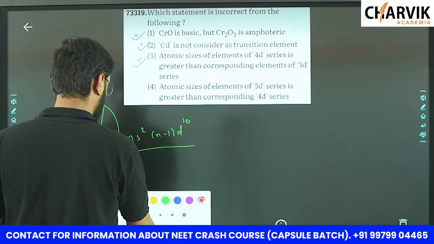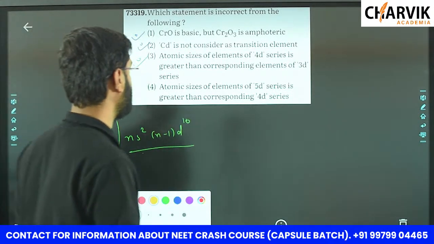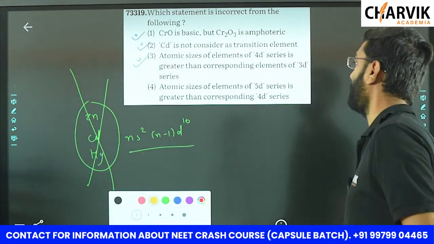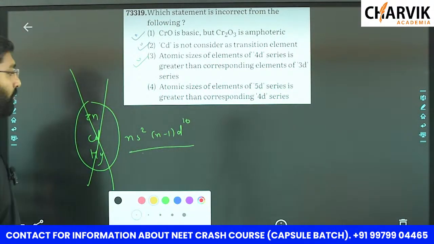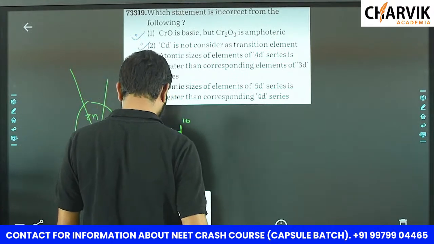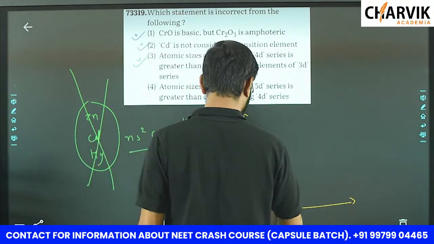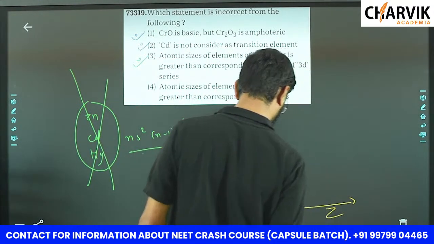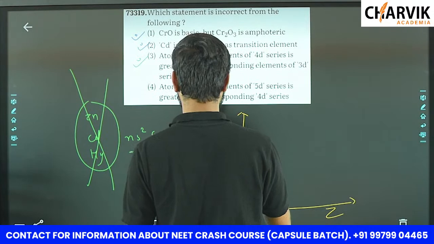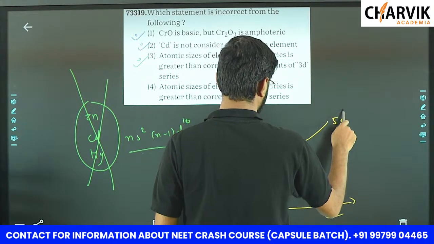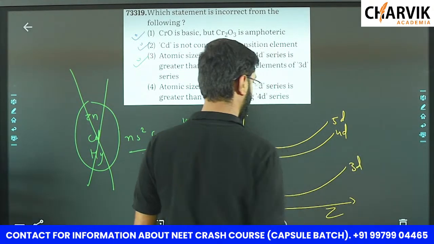But what is the explanation for this fourth option? Atomic size of elements of the 5d series is greater than the corresponding 4d series. Yes, this is absolutely wrong. Why? See, this is atomic radius, this is atomic number Z. The largest size is 5d, 4d and 3d.